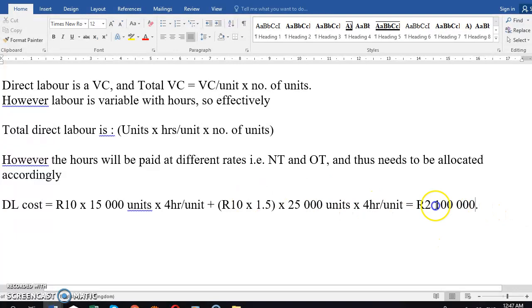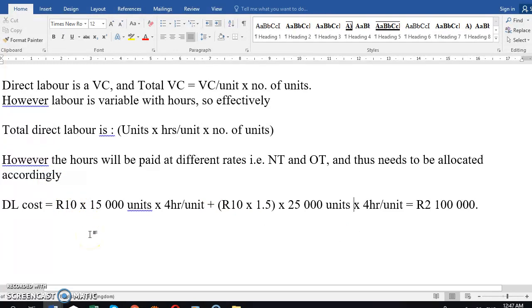To recap, you have two different rates: overtime hours come to 25,000 units times 4 hours multiplied by the 15 Rand overtime rate, and normal time hours come to 15,000 units times 4 hours, which is 60,000 hours at the normal rate of 10 Rand. And that gives us the 2.1 million.